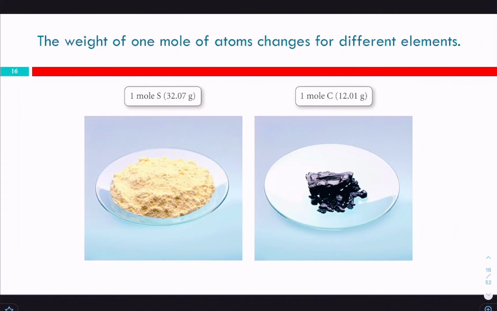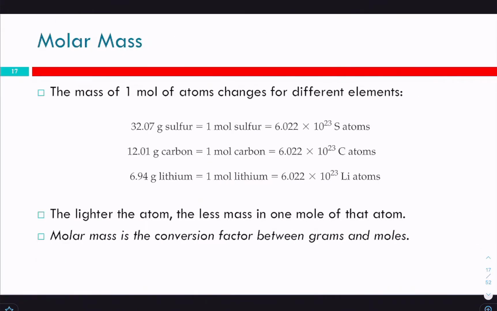So sulfur, if we had 1 mole of sulfur, it'd be 32 grams. If we have 1 mole of carbon, it's only going to be 12 grams. And we get those numbers straight from the periodic table. So the mass of 1 mole of atoms changes for different elements, and we can use these as conversion factors.